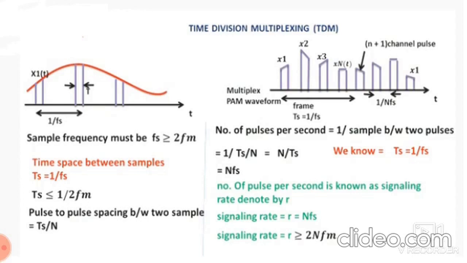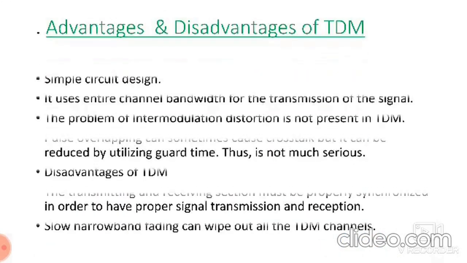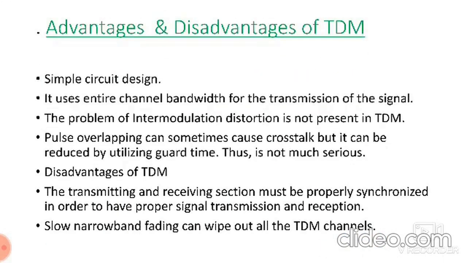Here the signaling rate R should be greater than or equal to n into Fm, and Ts is less than or equal to 1 by 2 Fm. In time division multiplexing, the bandwidth is calculated by 1 by 2 into n Fs. So the bandwidth can be saved, and the signals can travel in a single channel.